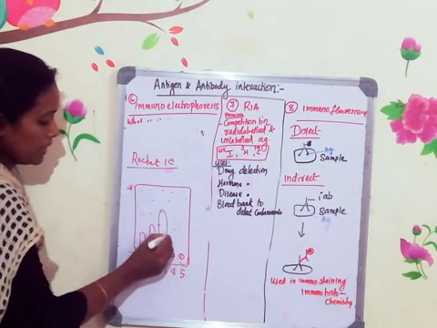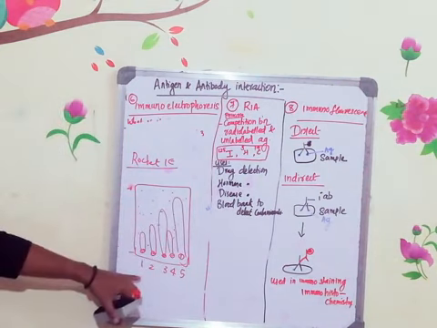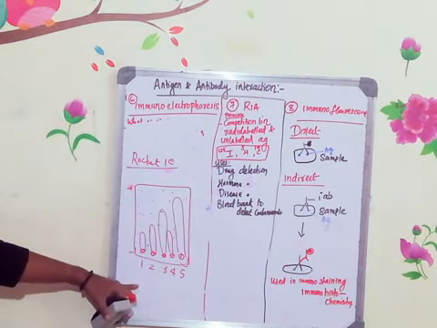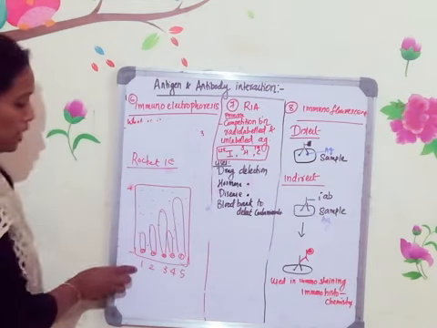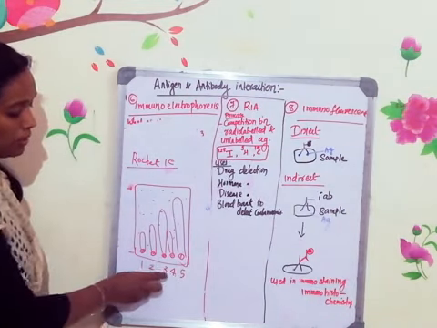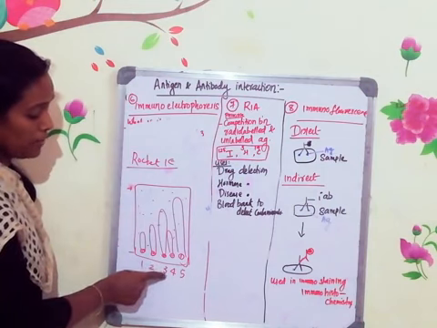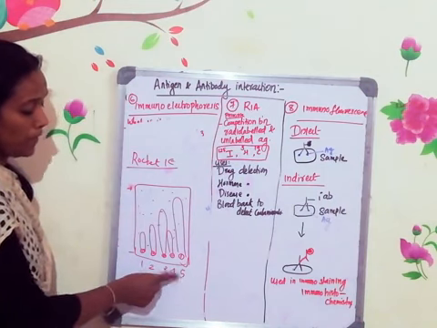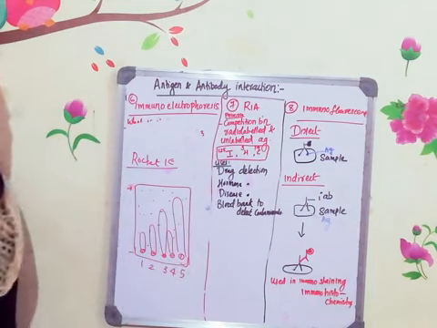The length of the precipitin arc is directly proportional to the concentration of the antigen. Patient number 1 and patient number 4 have a lower concentration of antigen, whereas 2 is a little higher, followed by 3, whereas patient number 5 has the maximum concentration of the antigen.